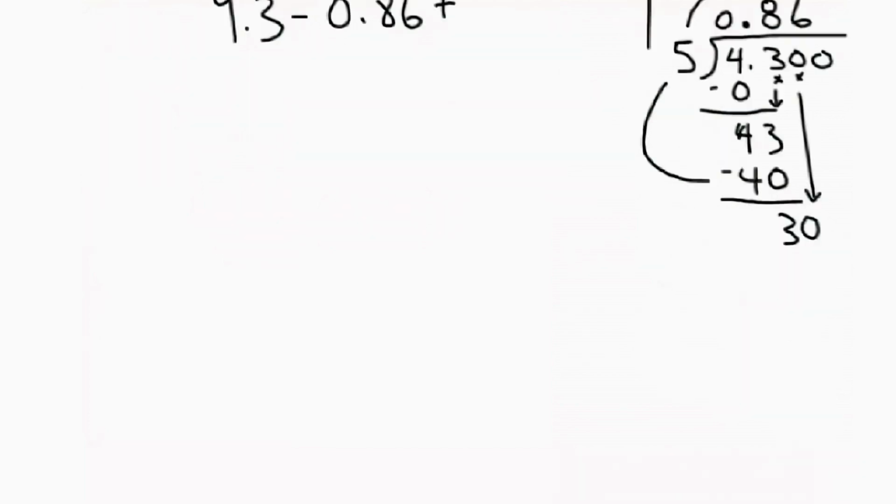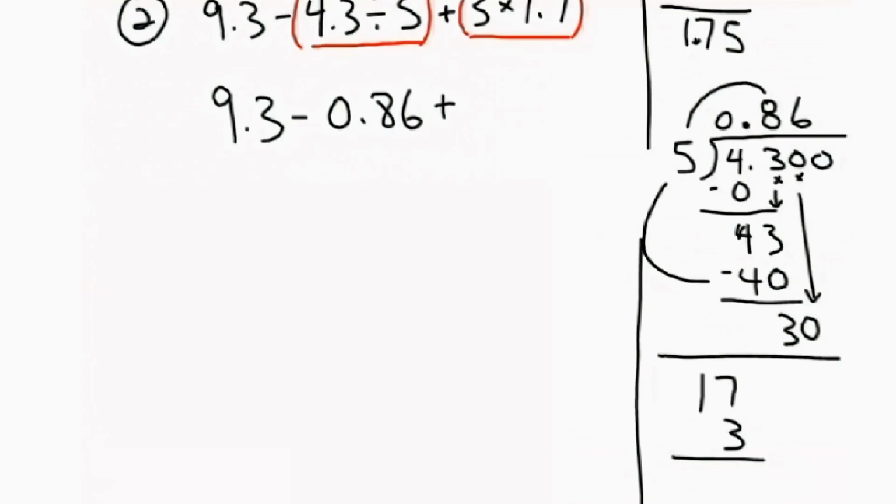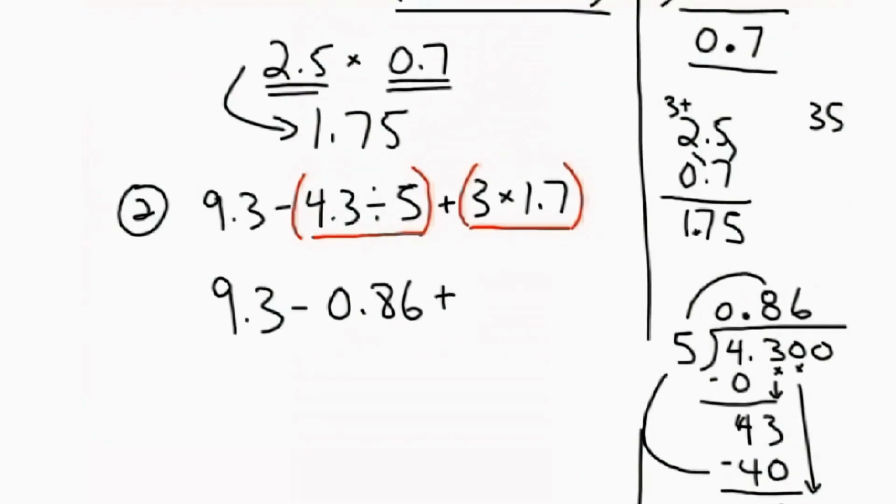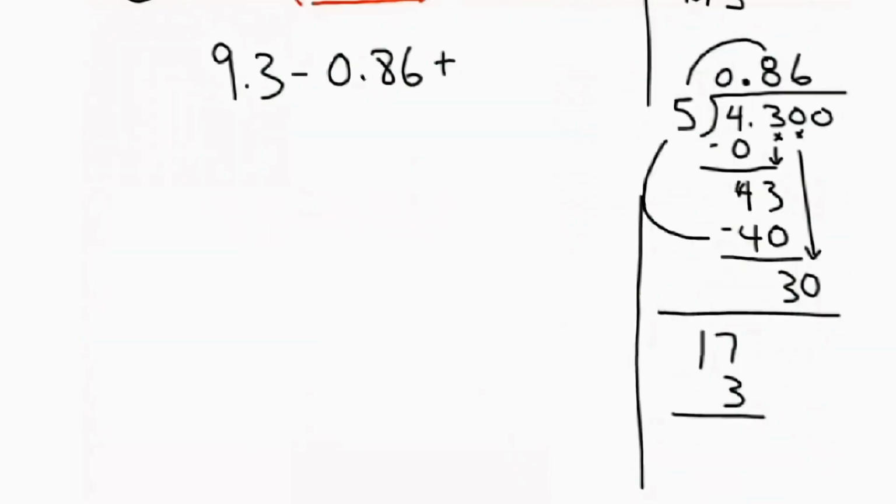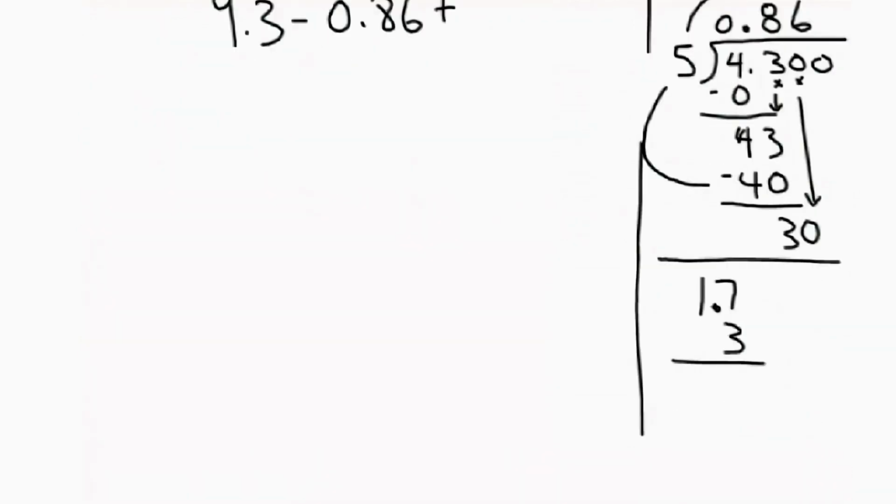So again, I'm going to do that outside here. 3 times 1.7. And when I do this multiplication, I left my decimals in there. It doesn't matter whether you leave them in or not. Perhaps it's easier to count them in the end if you leave them in. Traditionally, I don't. I just get it in my head how many decimal places will be in the answer in the end, but up to you.